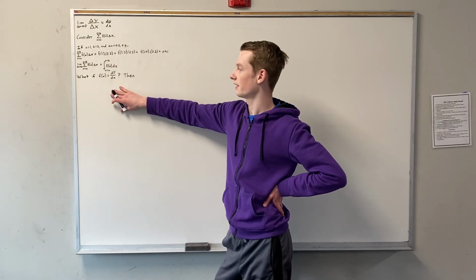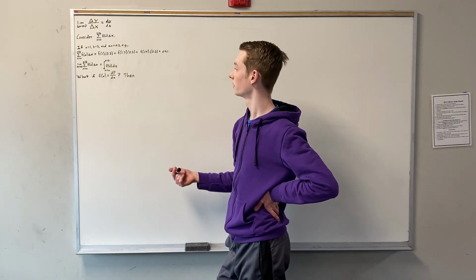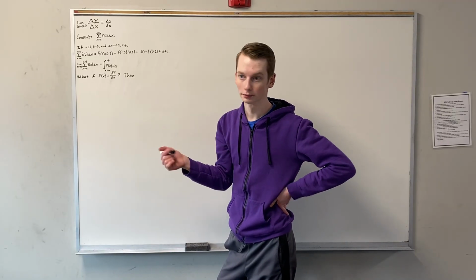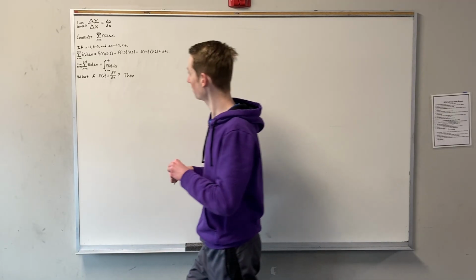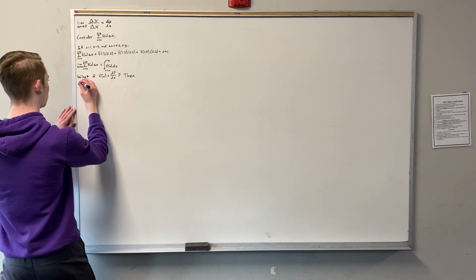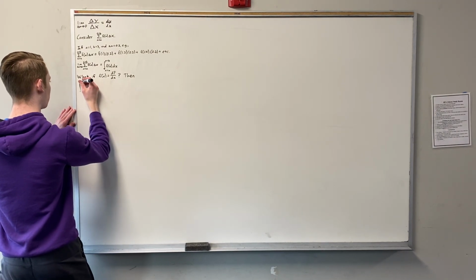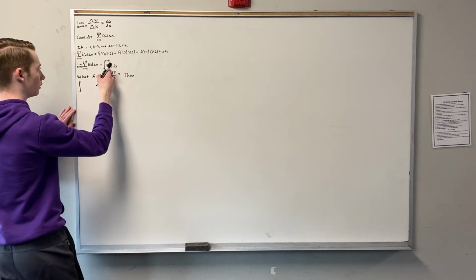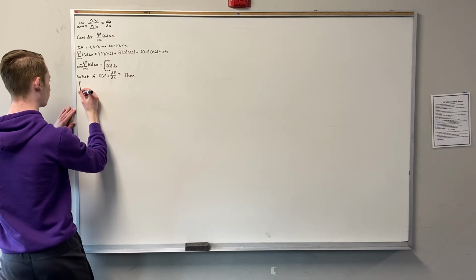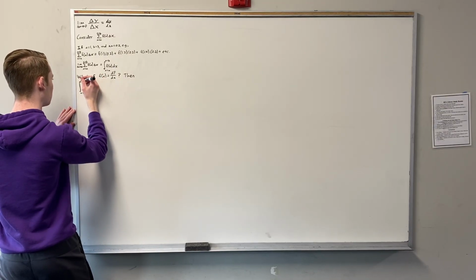What if f of x is actually the rate of change of some other function, capital F? Well, then this integral, this sum of f times a tiny change, starting at a and ending at b, simplifies a bit.